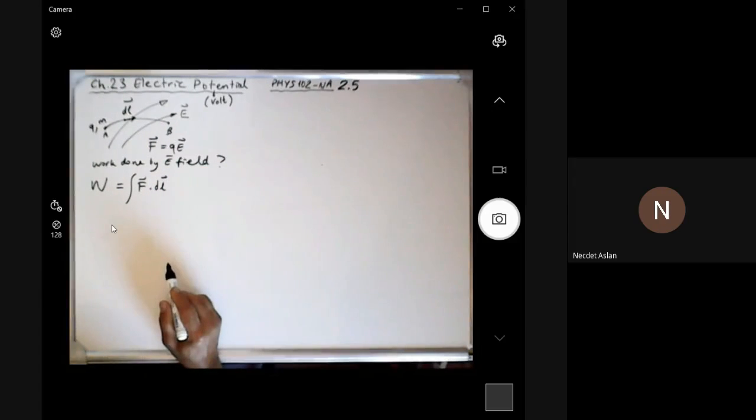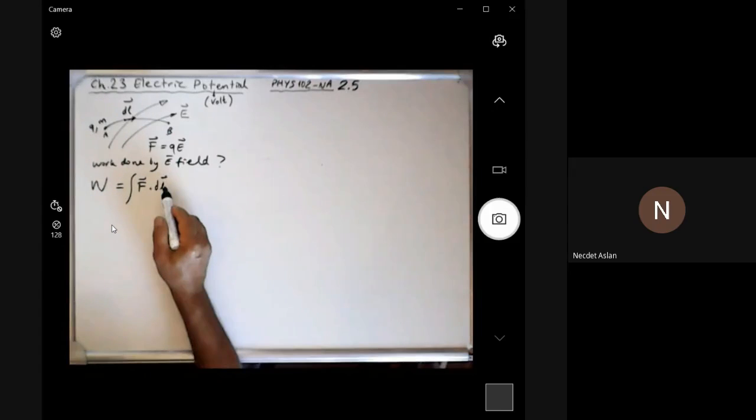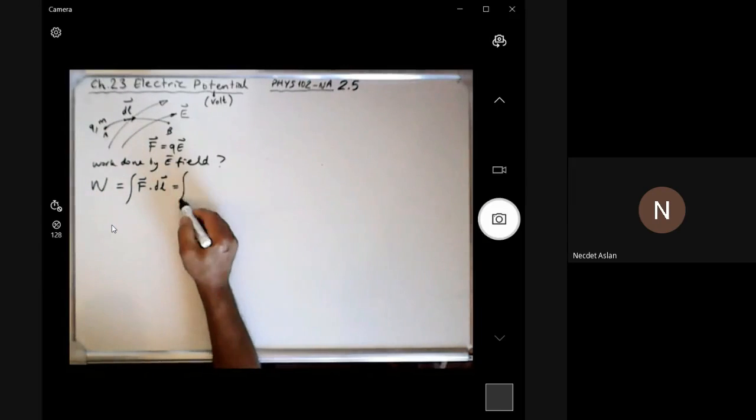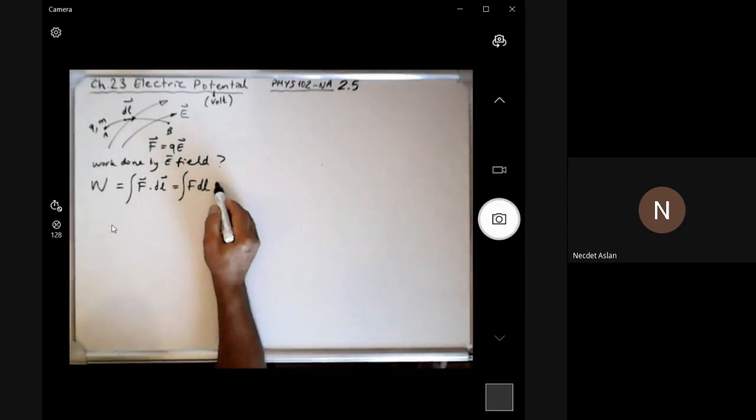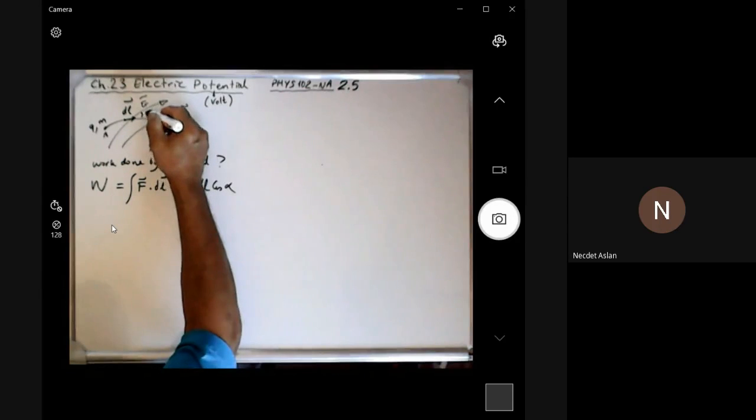Now, the dot product is written as F times dl times cosine alpha, where alpha is the angle between the two, for instance, here.